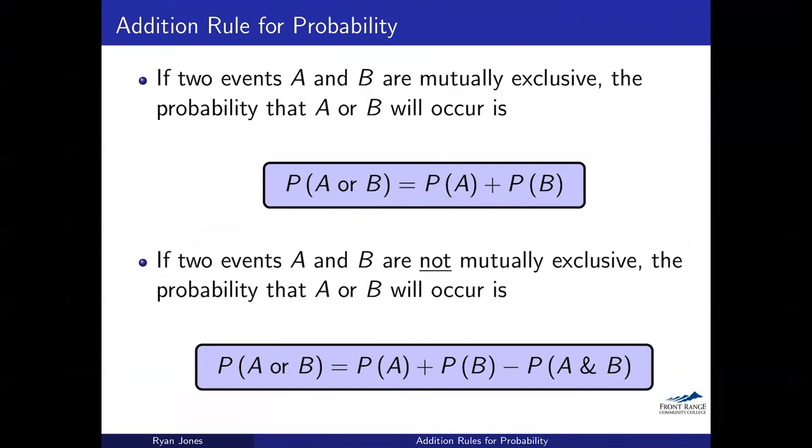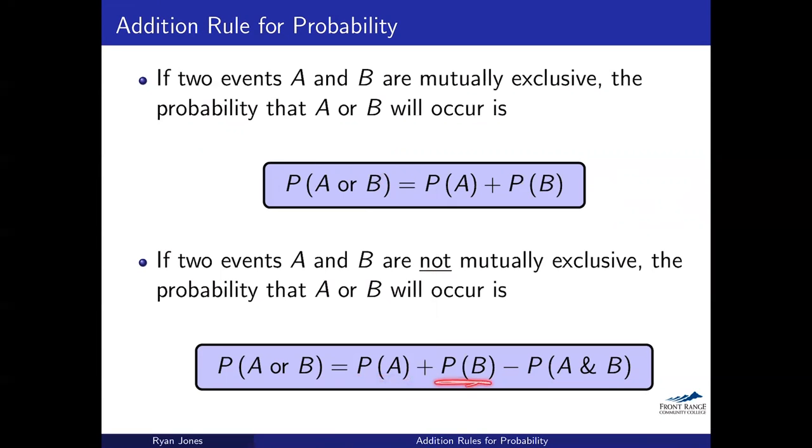We did that back there on the example of rolling a 2 or a 5 on a die. We took the probability of rolling a 2, the probability of rolling a 5, and added them together, and that gave us the probability of rolling either. But if these events are not mutually exclusive, then we have to do exactly that, but then subtract off the double counted part. We have to say, these are the number of ways that I can draw a 7.